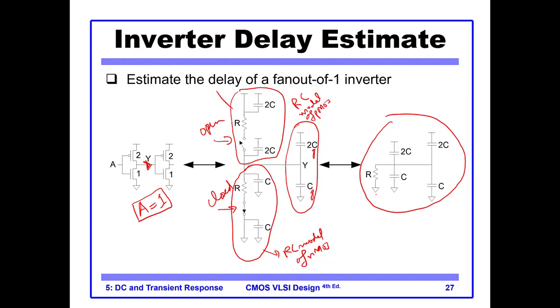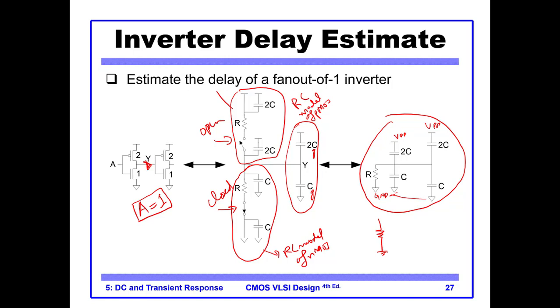We have an R, and this is our ground, and we have C. So you see, this is our VDD. If you look closely, basically all these capacitors are in parallel.